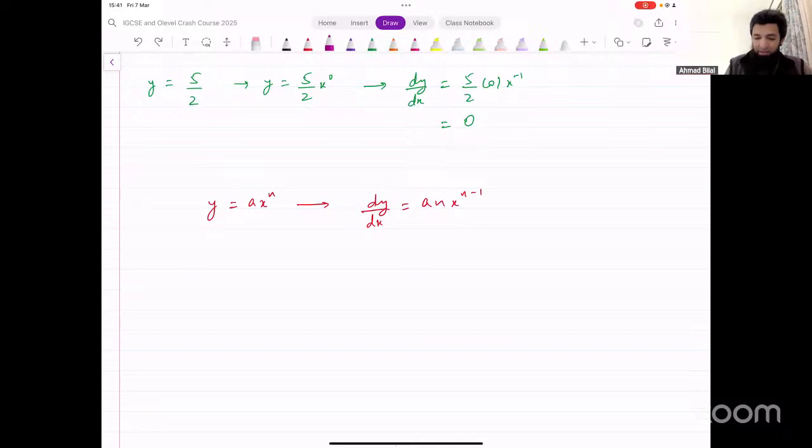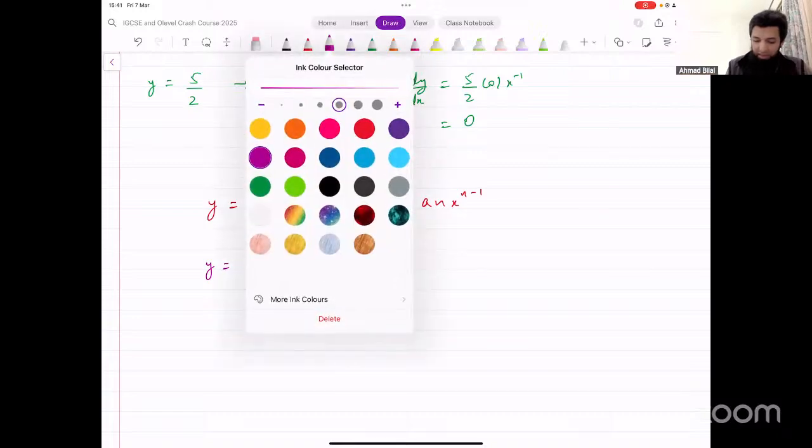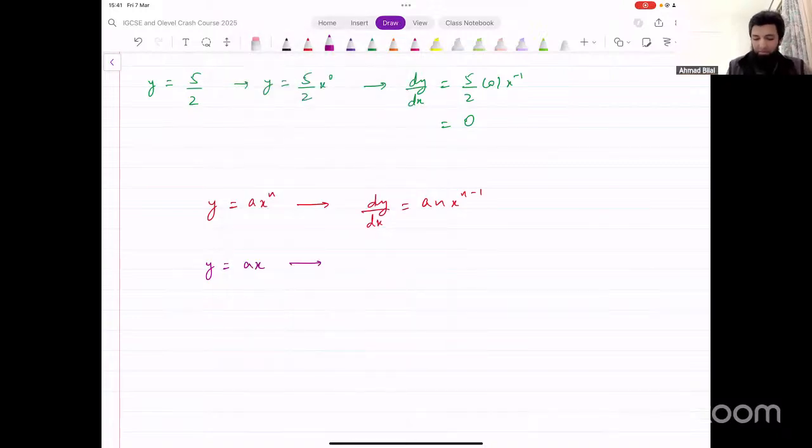And that is, if you have y equal to k times x, such that the power of x is 1. So let me actually use the same constant, y equals ax. Using this rule, the derivative is always going to be the number that's multiplying. You can write it directly. That's what you would get using this rule.